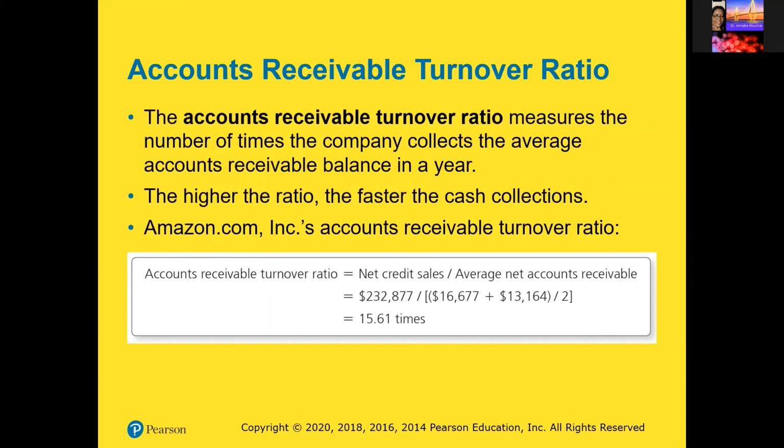The accounts receivable turnover ratio is equal to the net credit sales divided by the average net accounts receivable. In calculating the ratio for Amazon, we use total net sales instead of net credit sales. This is because most companies don't report the level of detail needed to determine net credit sales.